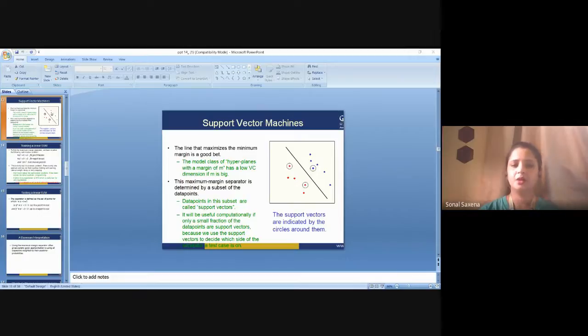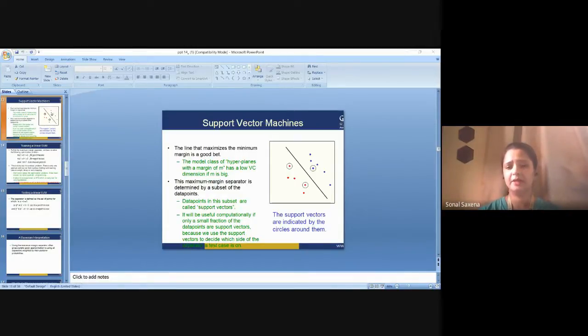To keep the computational load reasonable, the mappings used by SVM schemes are designed to ensure that dot products of pairs of input data vectors may be computed easily in terms of the variables in the original space, by defining them in terms of a kernel function k(x, y) selected to suit the problem.